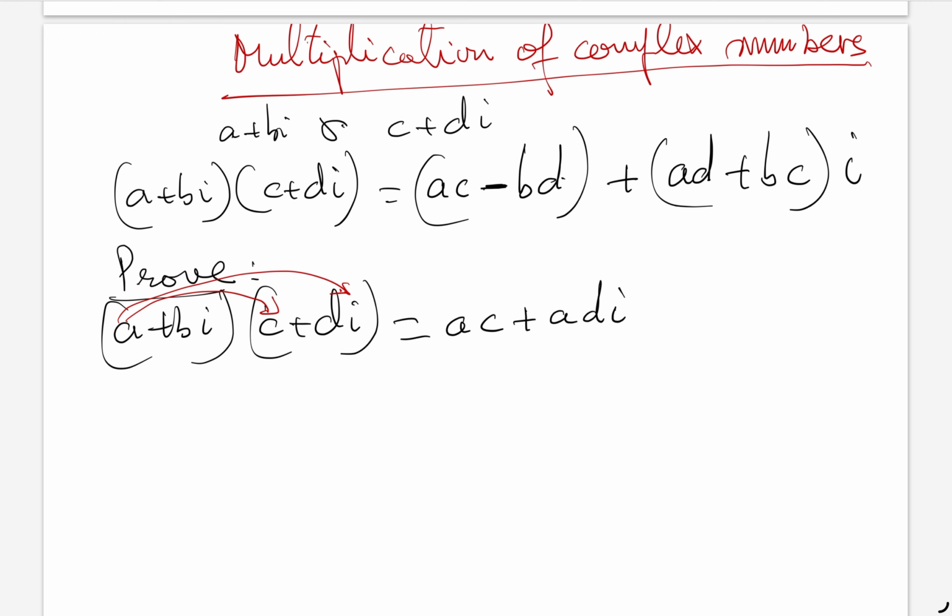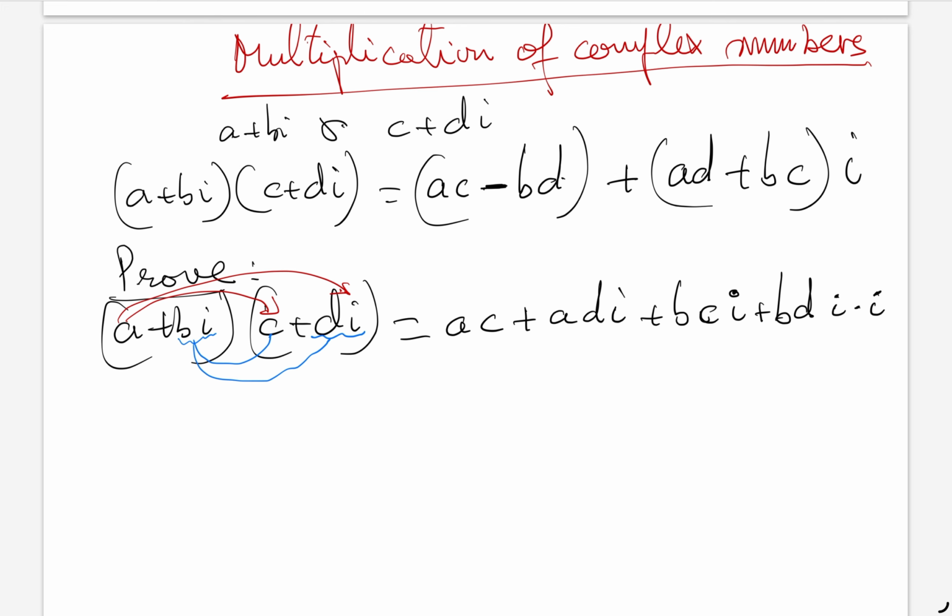Got it? Next, multiply the bi by c and bi by di. That is equal to plus bci, and then the next one will be plus bd and i times i.